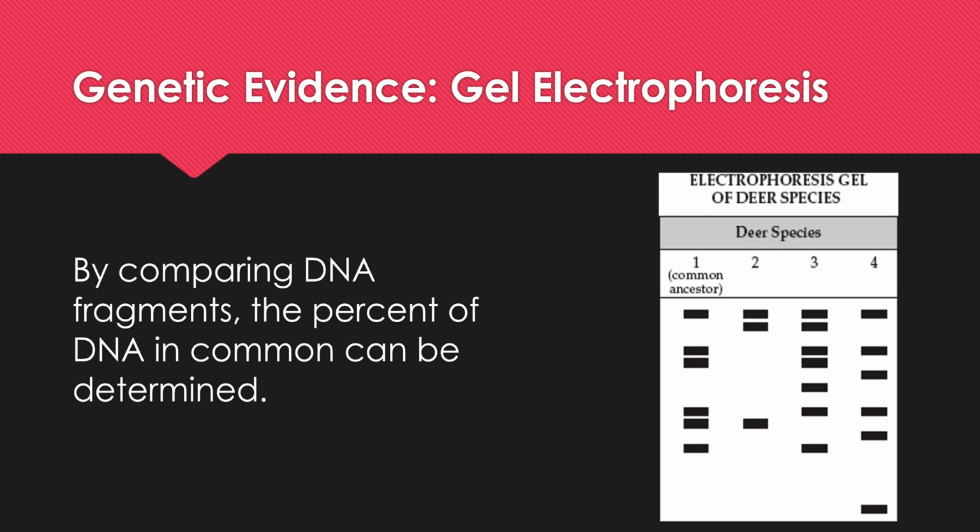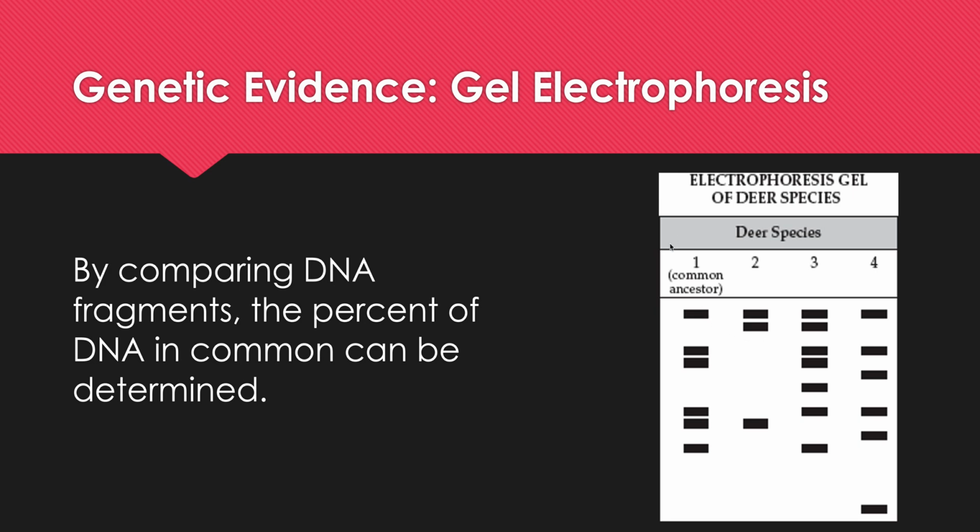And when you apply electricity to it, it causes the DNA fragments to travel through the gel. Once you highlight the DNA, you can see the pieces that are larger and heavier don't make it as far. The smaller pieces can make it much further, right? And we can look at who has DNA shapes or sizes that are most similar, and so we can figure out who is most related.